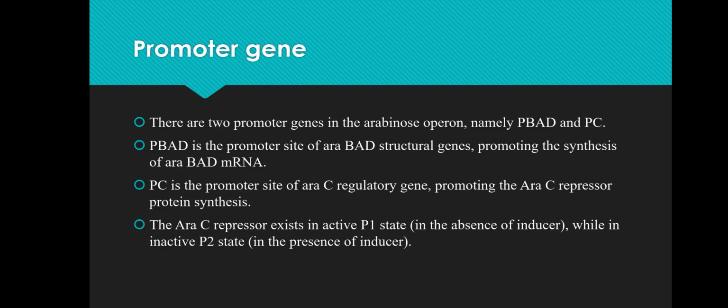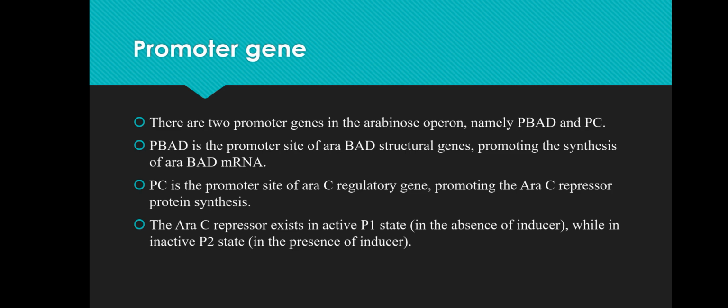Now, let's talk about promoter gene. The promoter gene has two sites, namely PBAD and PC. PBAD is a promoter site of the RBAD structural genes and promotes the synthesis of RBAD mRNA.